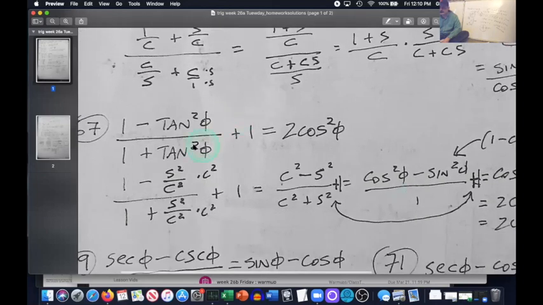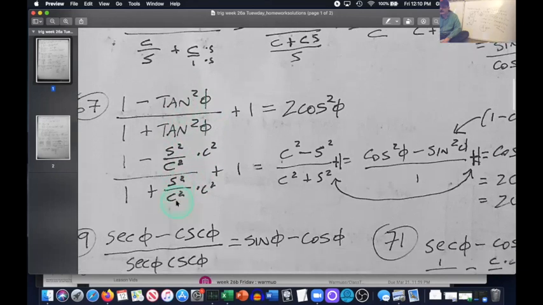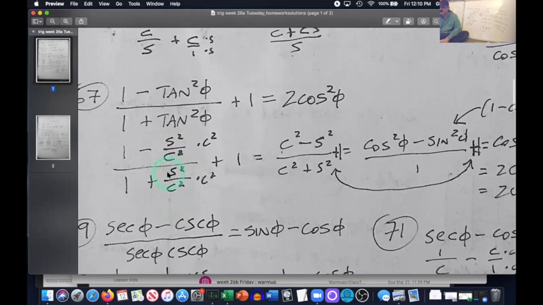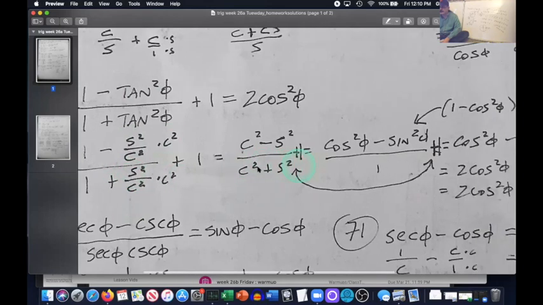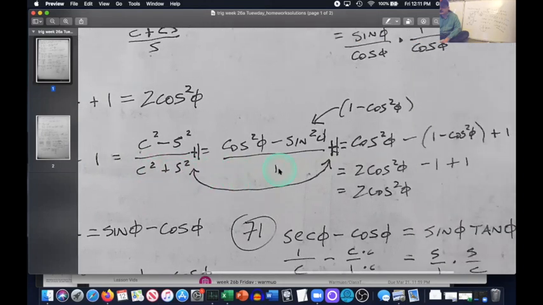Okay, and then here it seemed to still be a good idea to change everything to sine and cosine. So now, since these are both tangent squared, the denominators are the same, so multiplying by cosine squared enabled us to get this trig identity, cosine squared plus sine squared, which is 1.